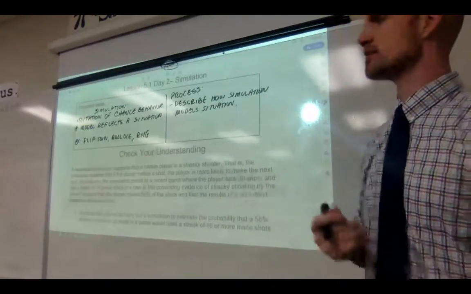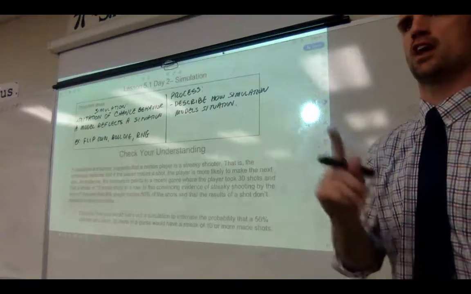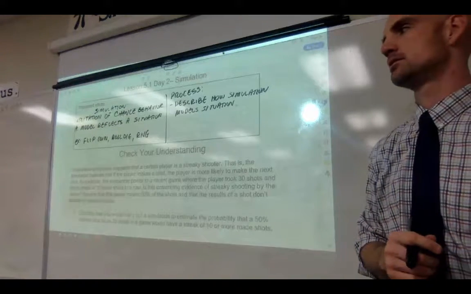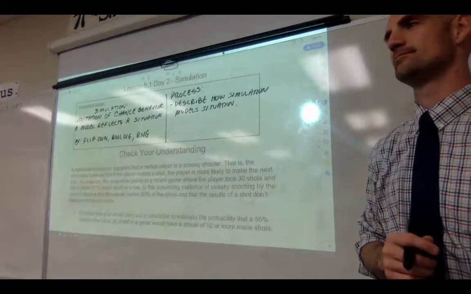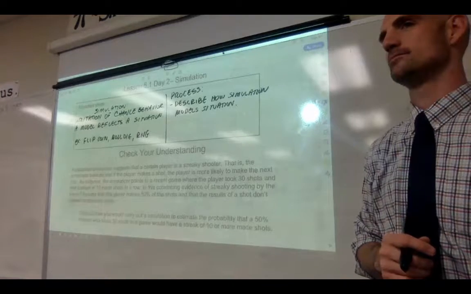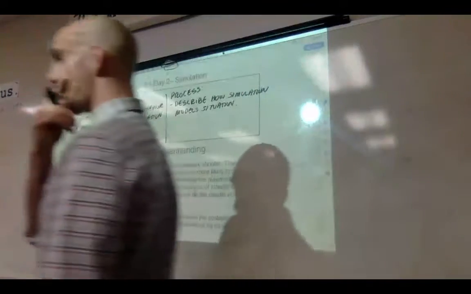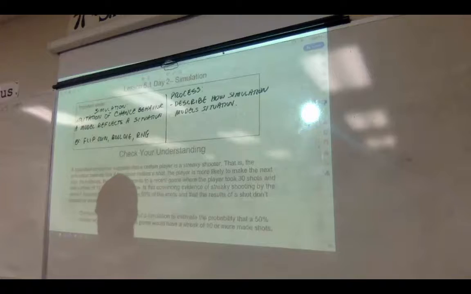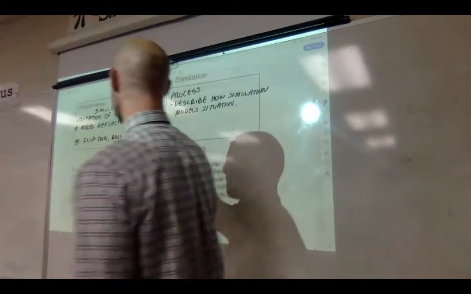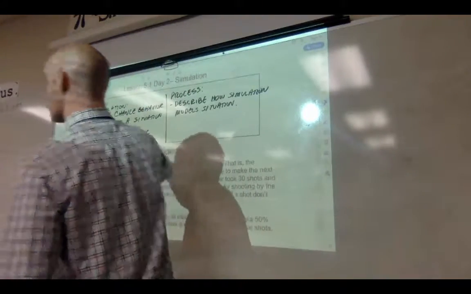How could you use a random number generator to do the same thing? Instead of a die, for that 1 in 6 chance of winning, how could you use a random number generator?